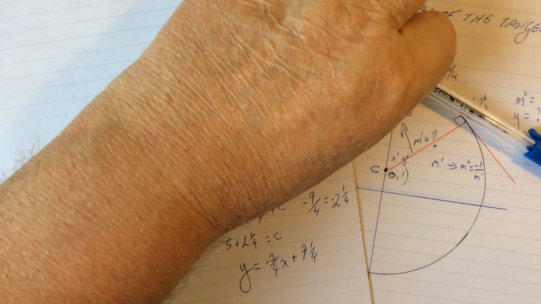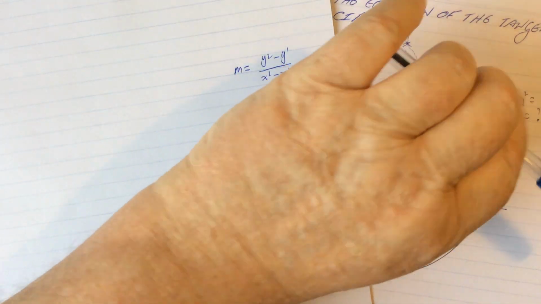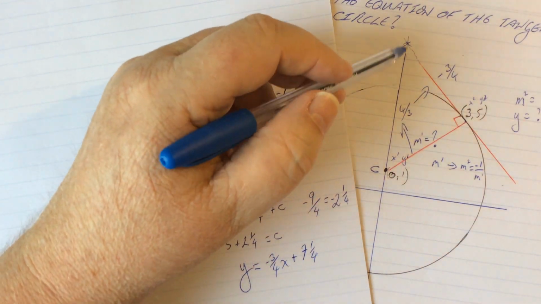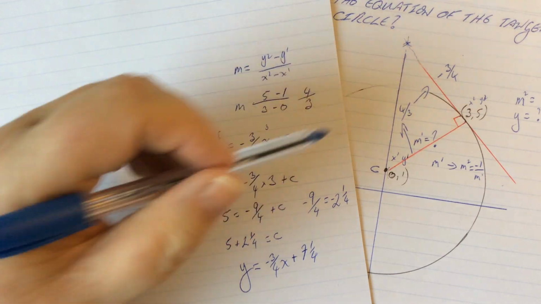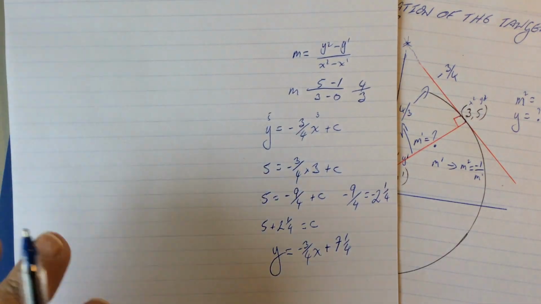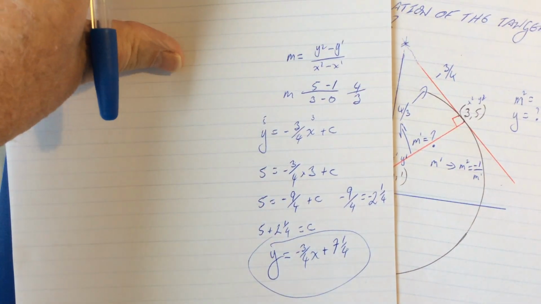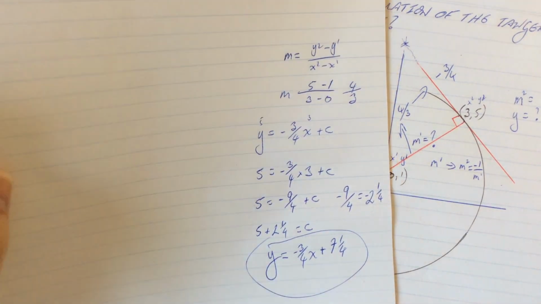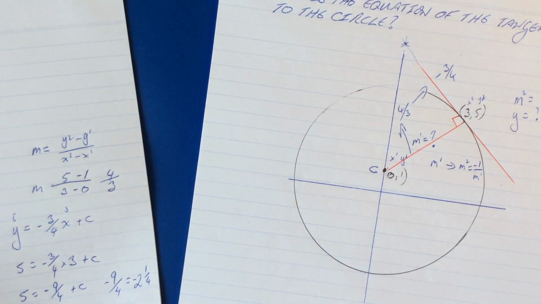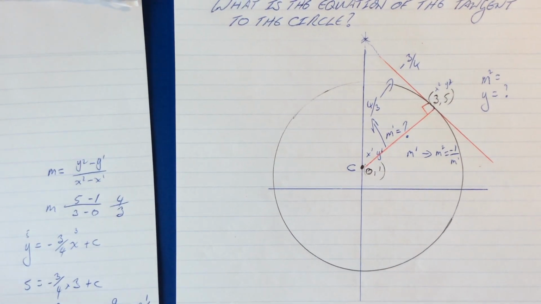It would probably look a bit like that. And so it's not unreasonable that our answer should be 7 1/4 over here. Anyway, that is the equation of the tangent to this circle, and that is how you arrive at it.